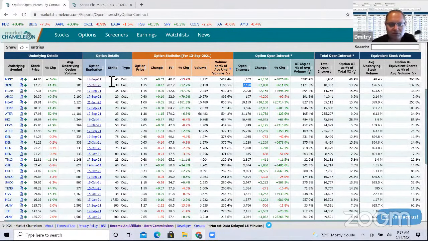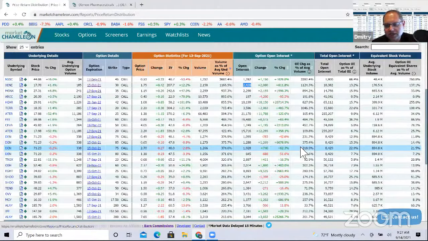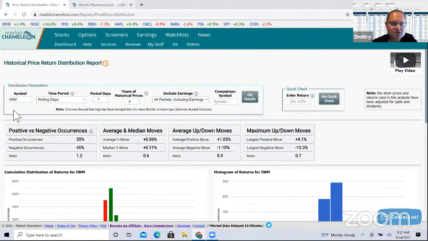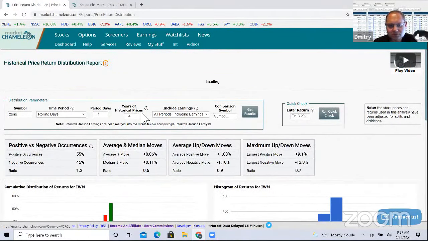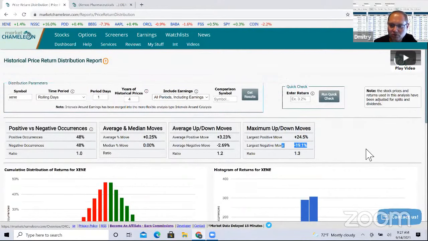We only have 3 minutes, so we'll come back to this report tomorrow. But let's just take a look at XENE, right? Biggest one-day moves in the last 4 years. The largest to the upside has been 24.5%, largest down move 19.1%.